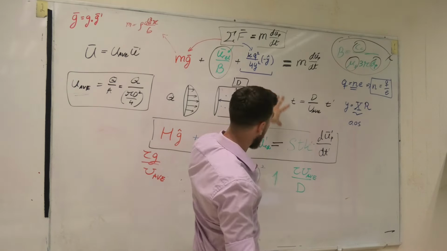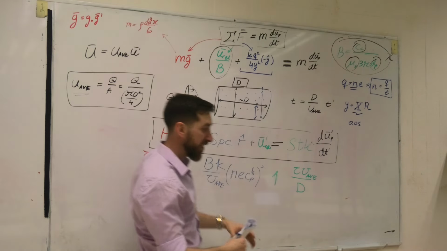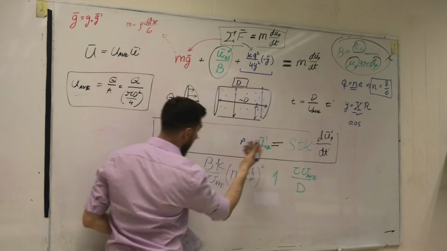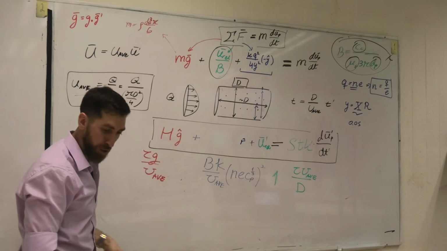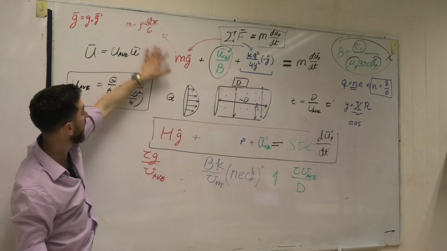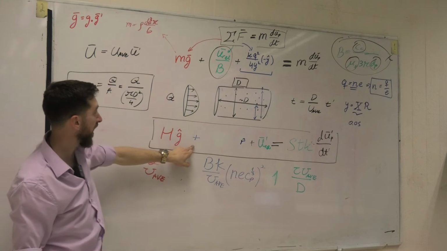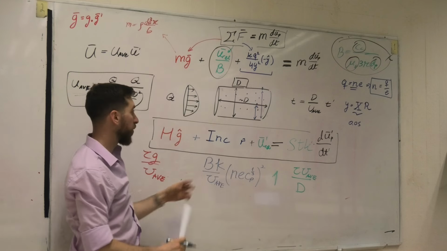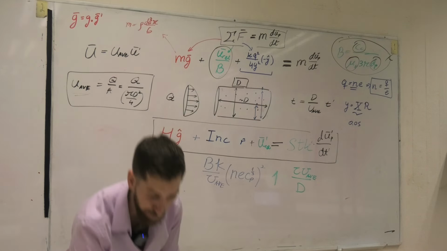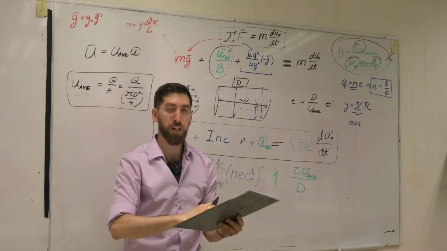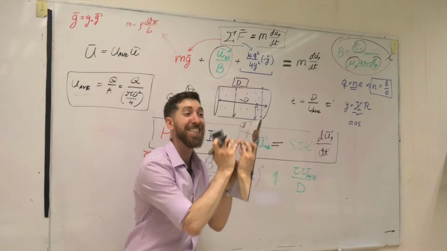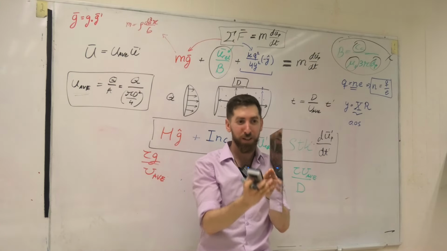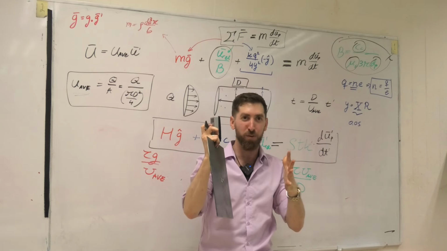So if you're going to do this, 5%, we're going to get a non-dimensional equation, okay? We can do it with R or Y, it's the same. So here we're going to get the H number for gravity, plus the effect of electrostatic. This effect is called INC, from the words induced charge. Because what happens? The particle comes close to the tissue, and what does it do to the tissue? It induces charge on it. There's no new charge. It was here all the time. It just separated into charge close to the tissue and charge far away from the tissue.